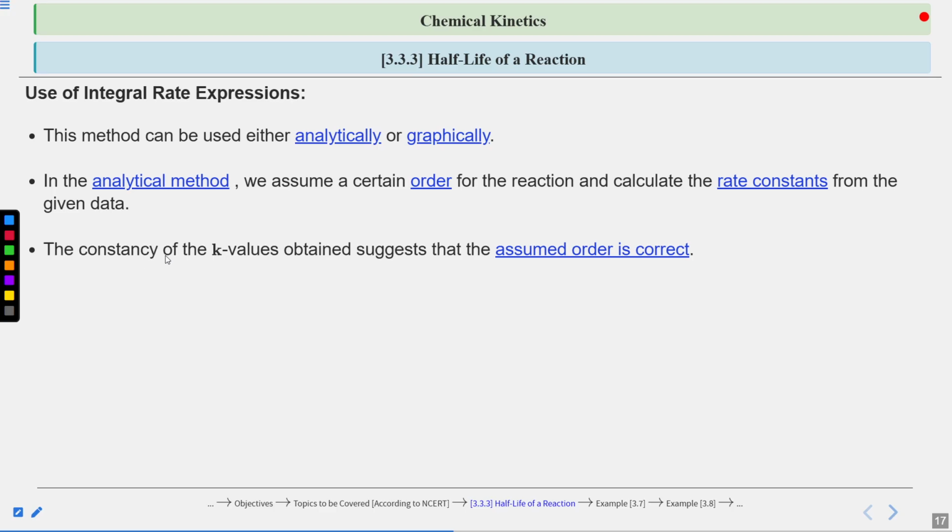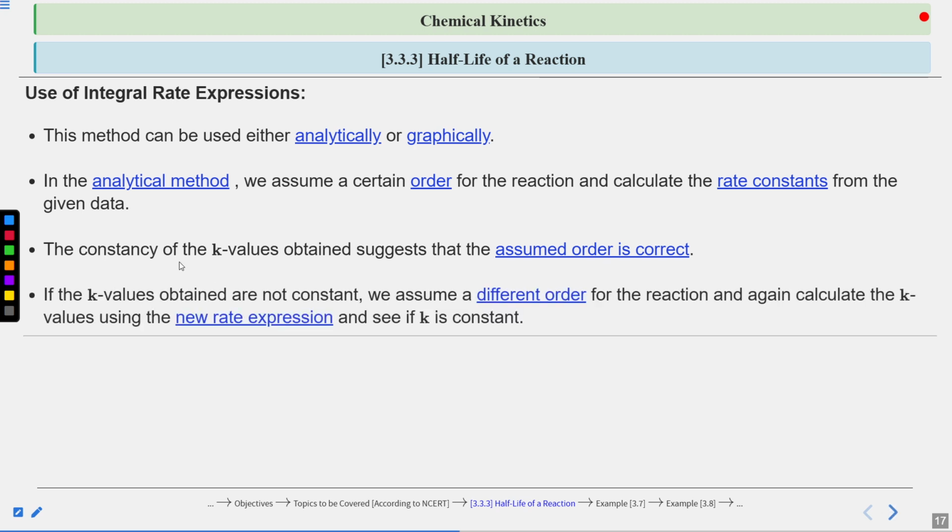The consistency of the k values obtained suggests that the assumed order is correct. Now, when you get the values of k, that is the rate constant, after assuming a certain order of the reaction, the constancy of the k values suggests whether the assumed order is correct or not.